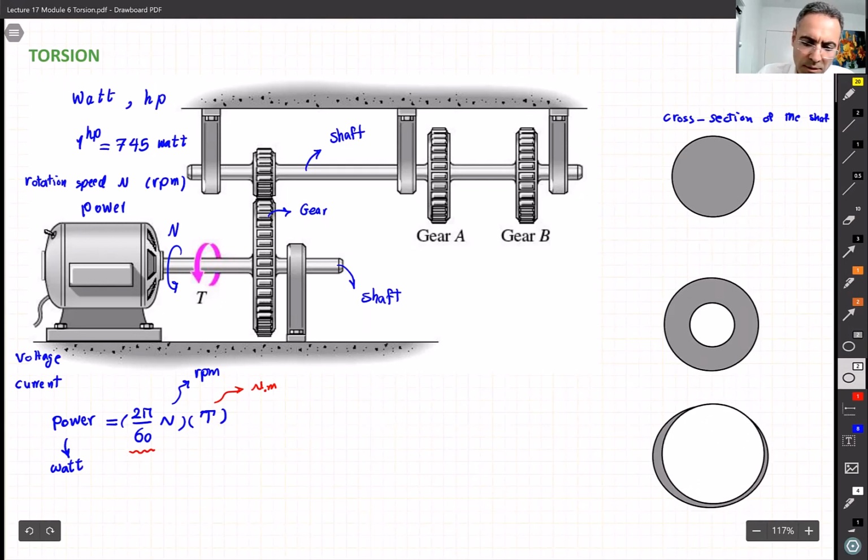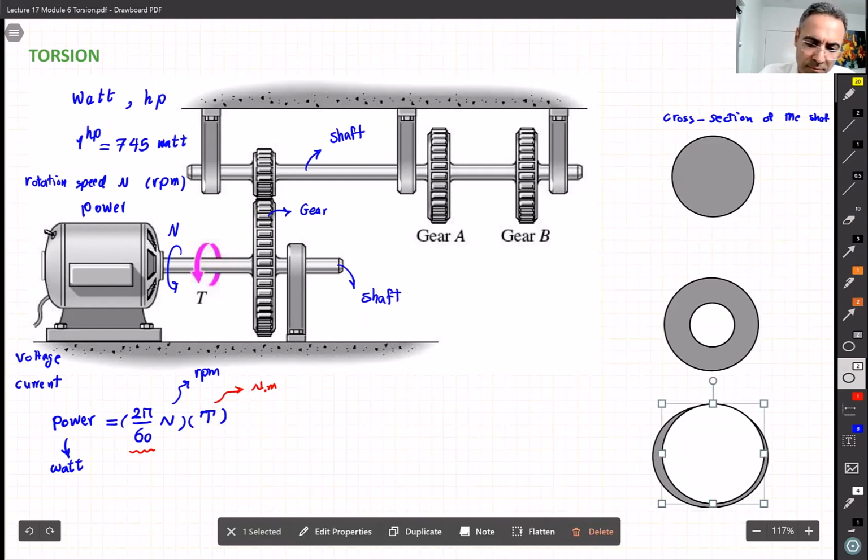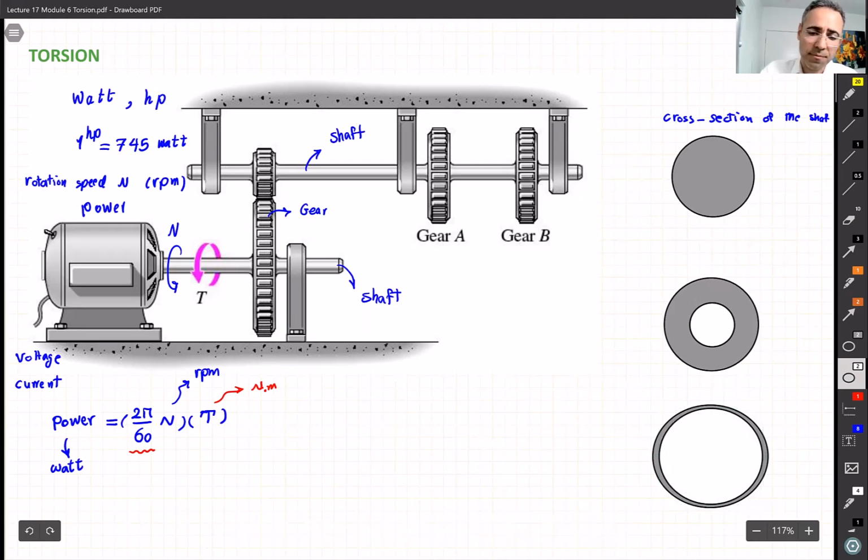All right, let me make it a little bit better. Move it a little bit here. Yeah, let's accept it as it is. Okay, better. So, three types of shaft then: solid shaft, a hollow shaft, and a thin wall shaft.